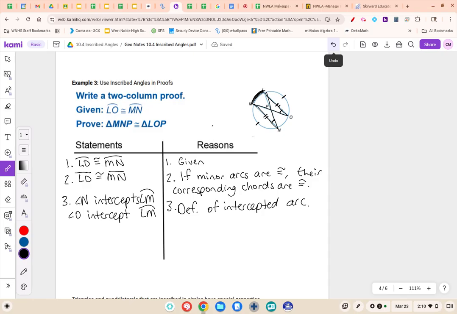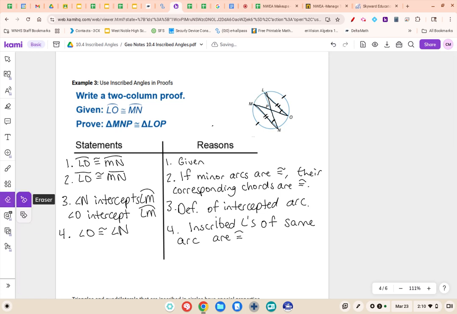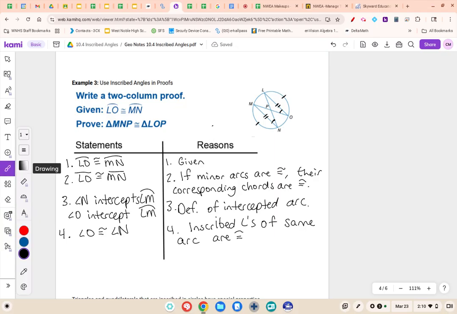So because of that, I know that these two angles, angle O and angle N, are congruent. We can say inscribed angles of same arc are congruent. Next, I can state that these two angles are congruent because of vertical angles theorem.